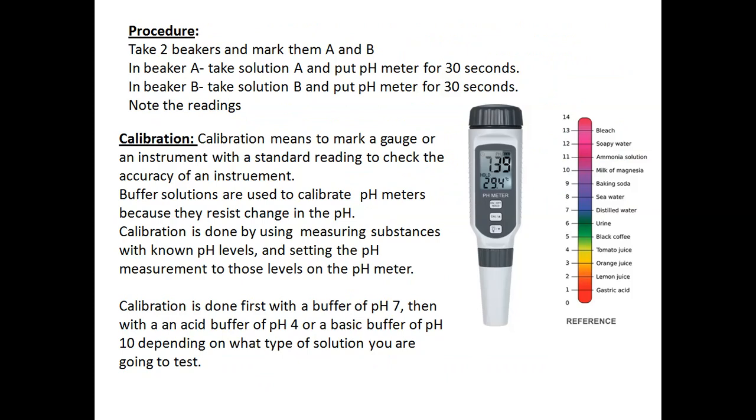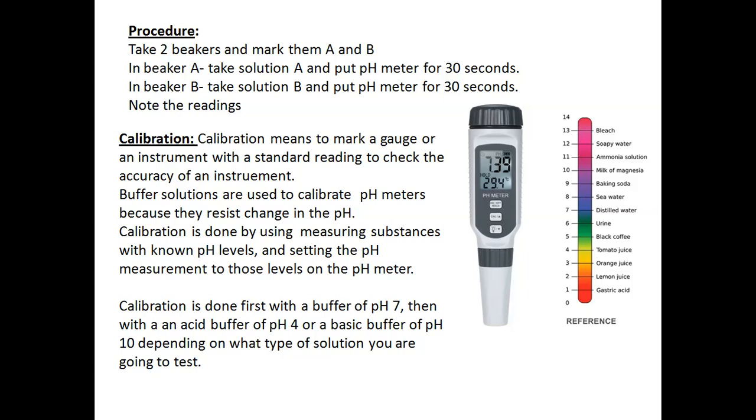Again, we used to perform this practical in our lab, and we take two beakers, beaker A and beaker B, and we put our desired solutions in both the beakers, and then we put the pH meter for 30 seconds in both beakers, and then we note the readings.